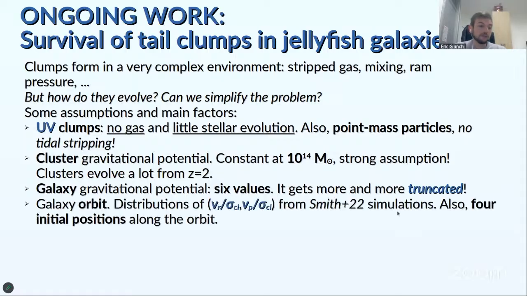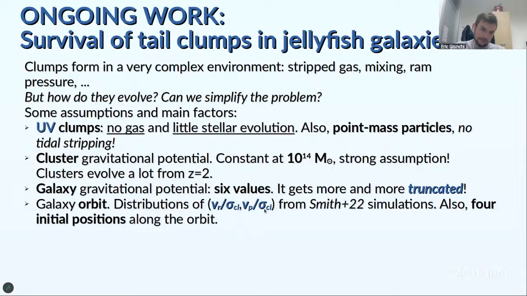Then we have many different orbits for galaxies. Galaxies are accreted by clusters, and we have simulations, for example, by Smith et al. 2022, in which we have the distribution of radial and perpendicular velocities of the galaxies as they are accreted by the clusters, compared to the cluster velocity dispersion. So this can give us the variety of different orbits that a galaxy can have.